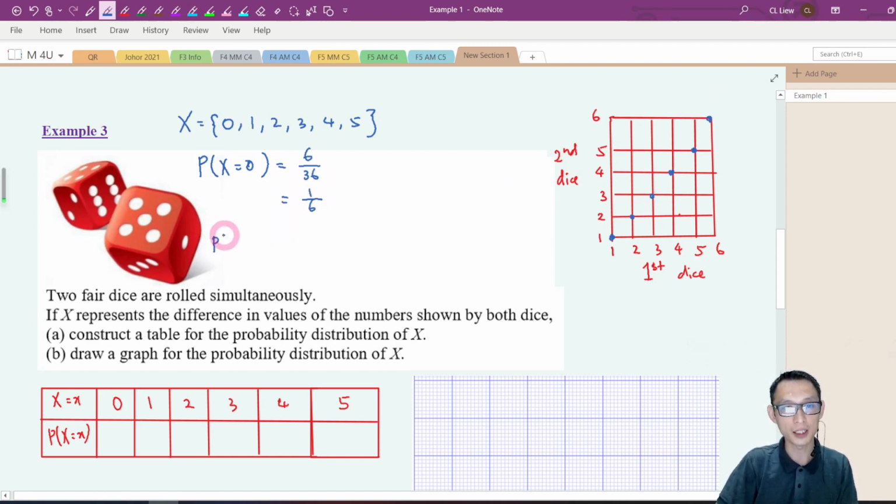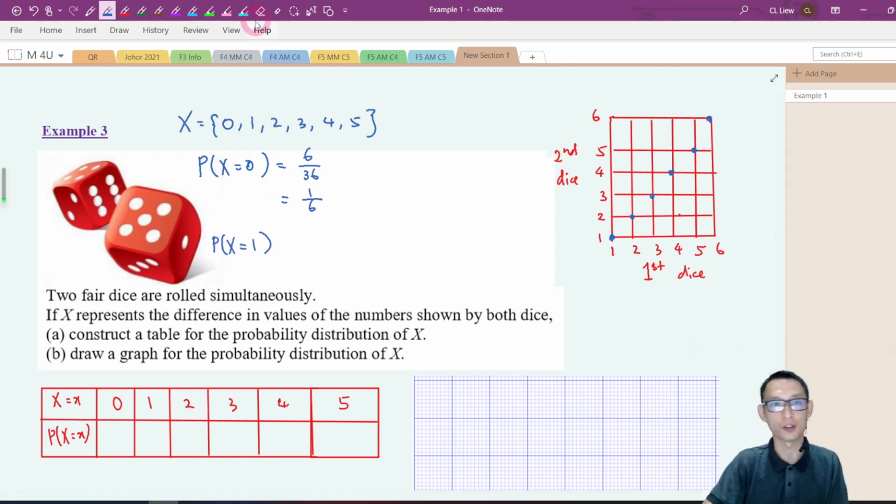So how about P(x = 1)? The difference must be 1. This time you have to be careful here. 1 can pair with 2. 2 minus 1 is equal to 1, right? And starting from 2 you need to be more careful. 2 can be paired with 3. 3 minus 2 is 1, right? But it can be paired with 1 as well, because 2 1 also has difference 1.